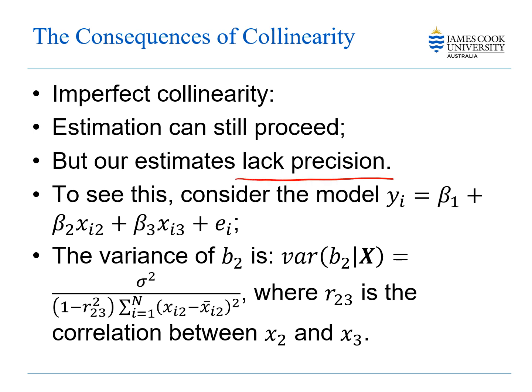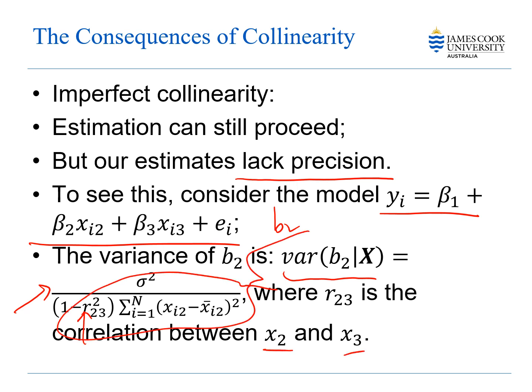To see this point, let's consider the true model, and we can derive b2, the estimate of beta 2, and the associated conditional variance, where r23 is the correlation between x2 and x3.